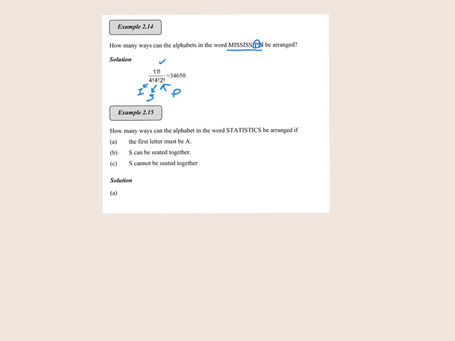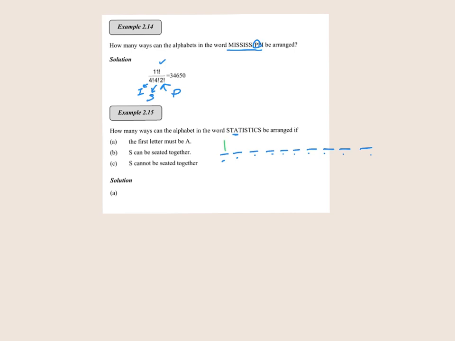For example 2.15, how many ways can the alphabet in the word STATISTICS be arranged if the first letter must be A? So we have 1, 2, 3, 4, 5, 6, 7, 8, 9, 10 letters. For question A, the first letter must be A. We only have one A, so for the first spot we can only put 1.